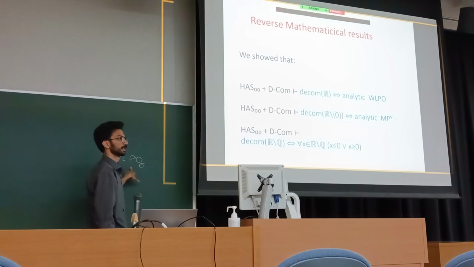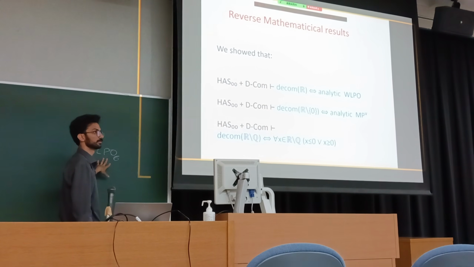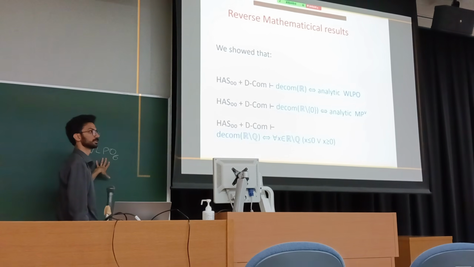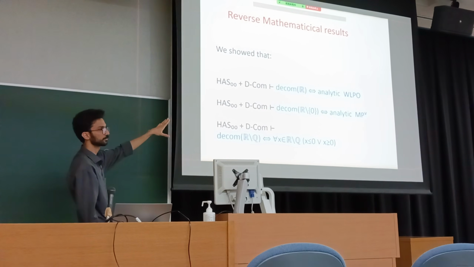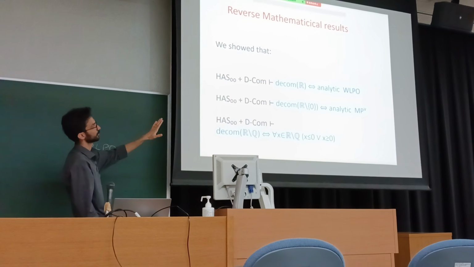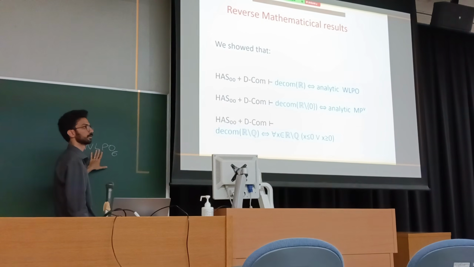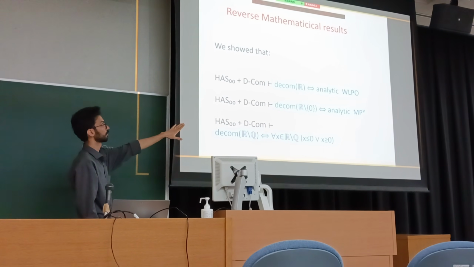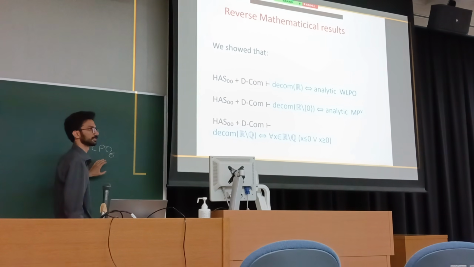And the sequential version of WLPO is not provable constructively, and therefore in this system we cannot prove that either. And since the decomposability of R implies sequential WLPO, the decomposability of R must not be provable in this system.